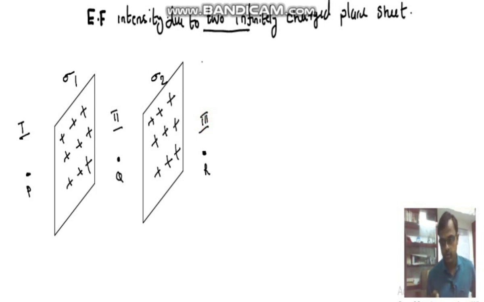We are going to find the electric field intensity at the point P, at the point Q, and at the point R.